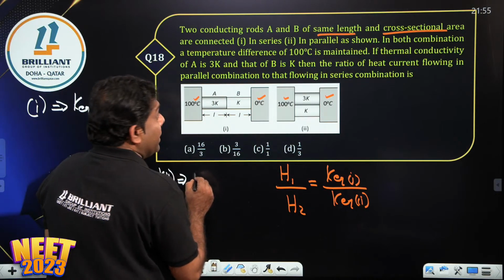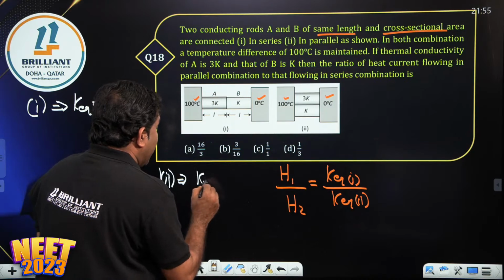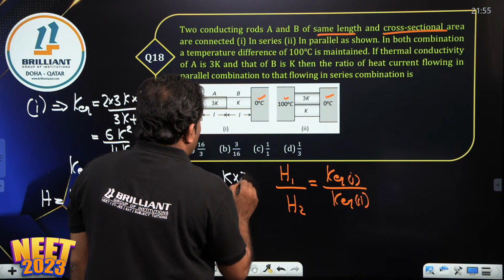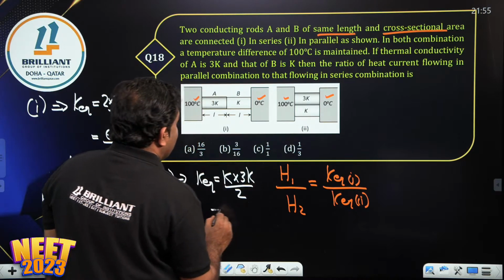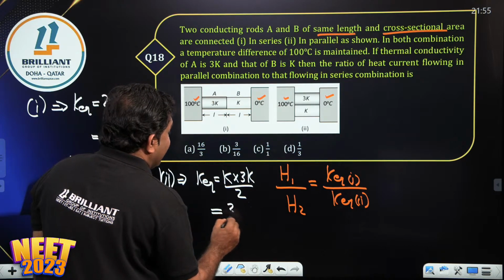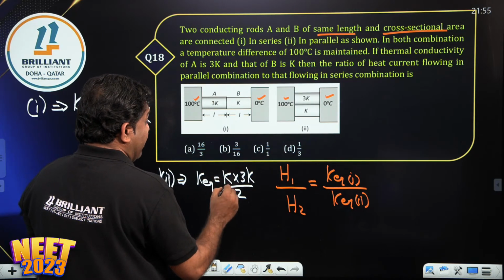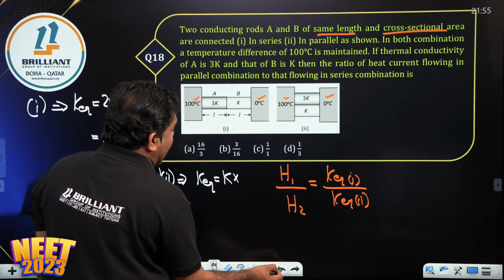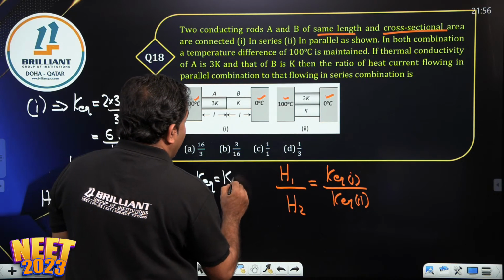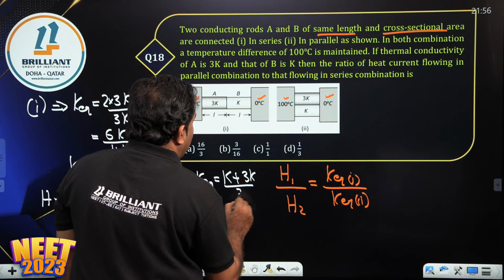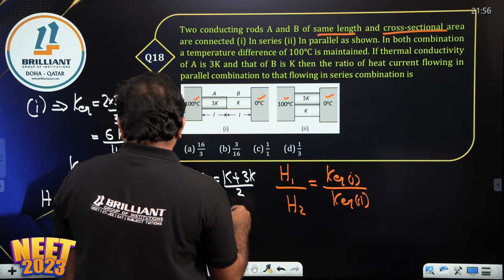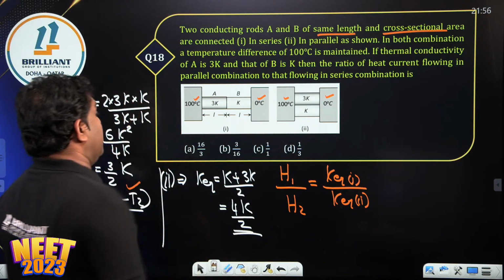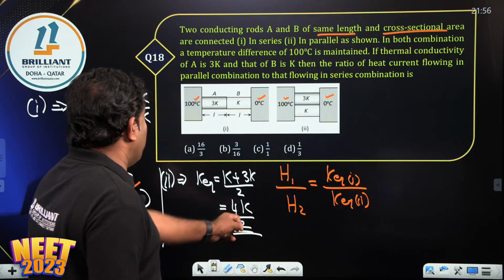So K plus 3K divided by 2, that is 4K divided by 2. So in the second case, it is 4K by 2.